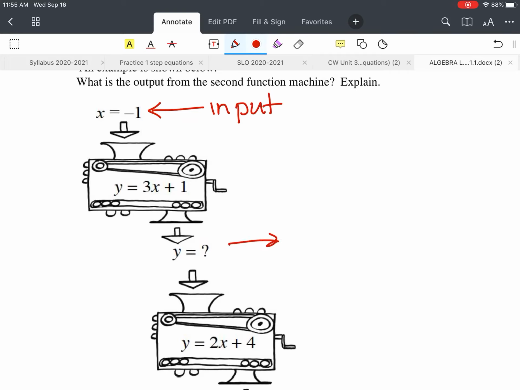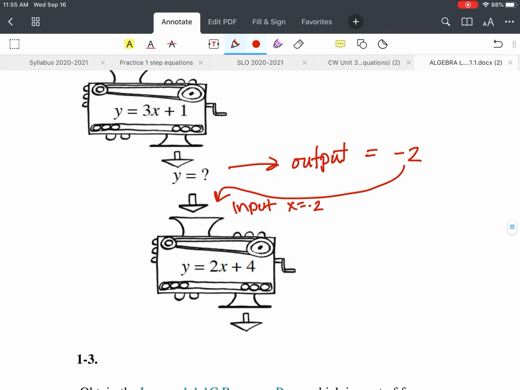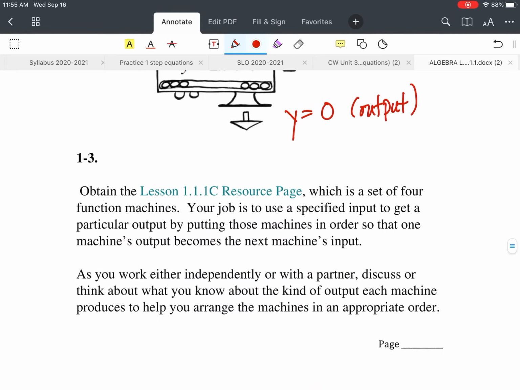We got an output that was equal to -2. Then we dropped that in, so it became an input. And then we got an output of 0. Just a little reminder of what we just did.